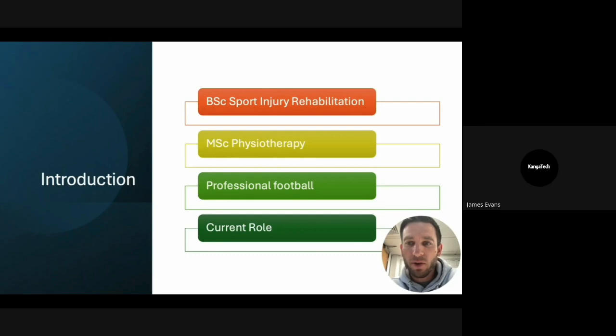More recently, my role has developed more towards the testing of the players, looking at both the monitoring of the fit players and the outcomes that we use and test with the injured players during rehabilitation, and then using this with our rehab coach to help guide where we go through the process and when we think the players are ready to move on through the different stages.